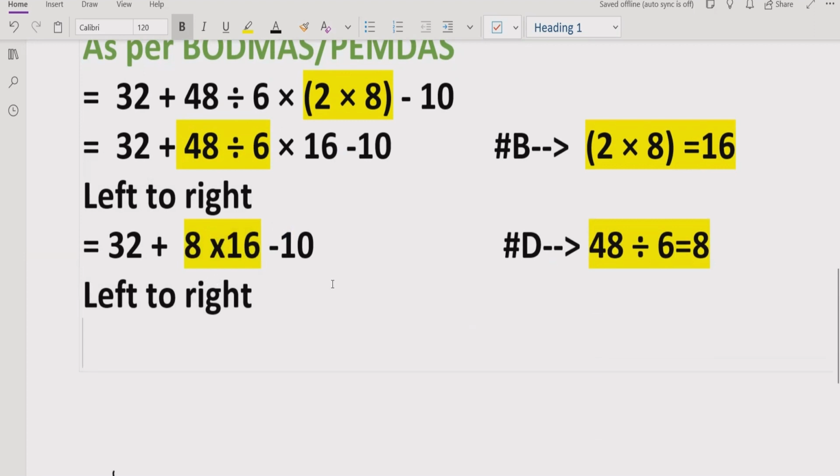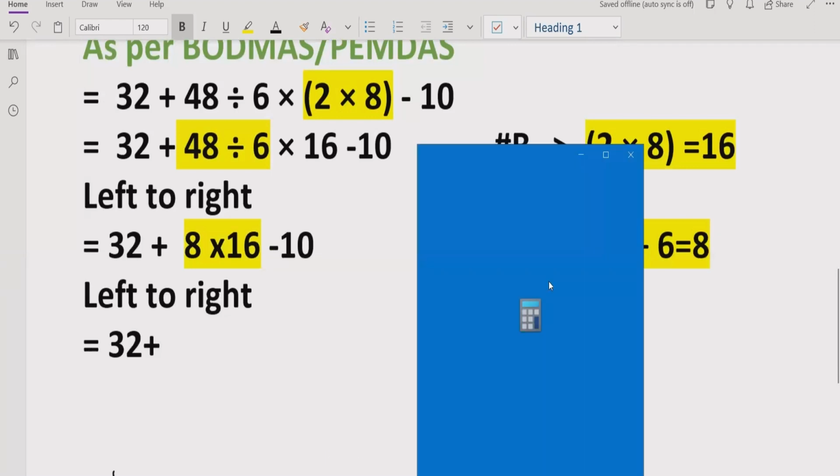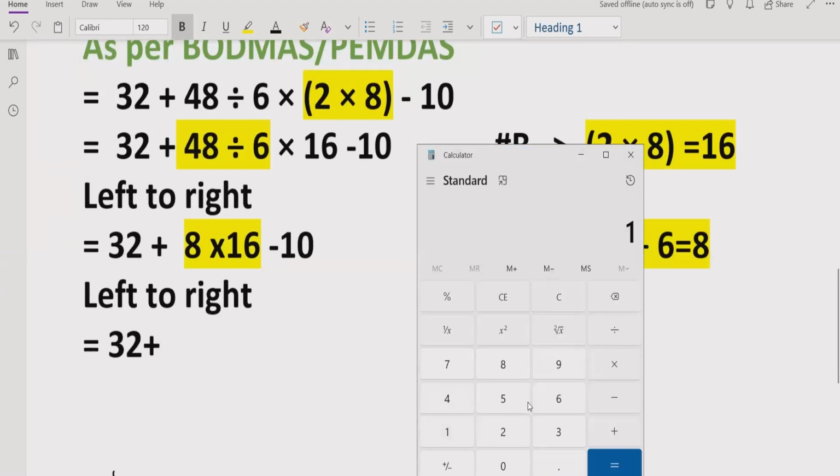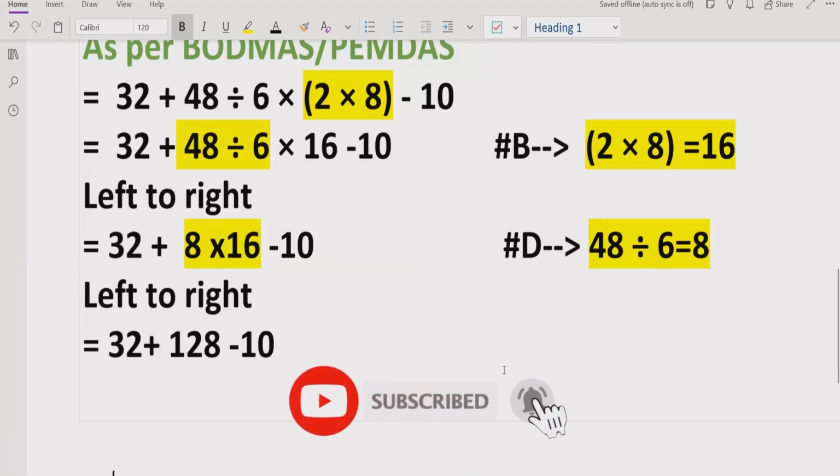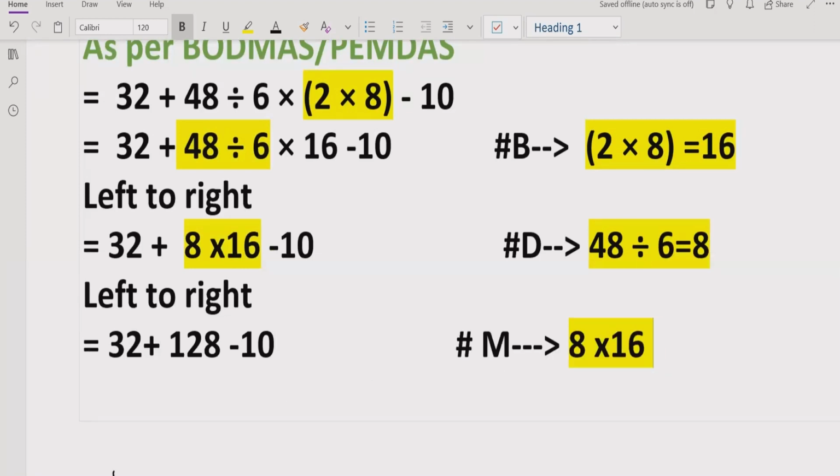We will write it this way: 32 plus 8 multiplied by 16. So 16 multiplied by 8 equals 128. 128 minus 10. And we can give the reference here: we solved the multiplication. So the answer is 120 here.